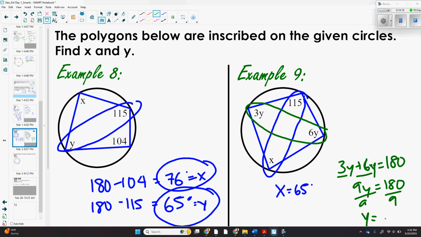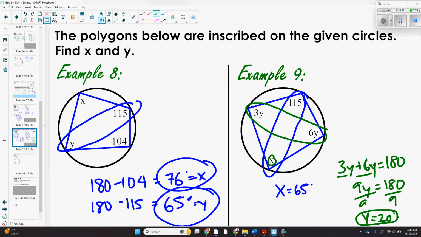Now notice, for x it's fine because it's only x, so I can say 65 degrees. For the y though, that's not necessarily 20 degrees, it's just saying that the variable itself is 20. So be careful with that.